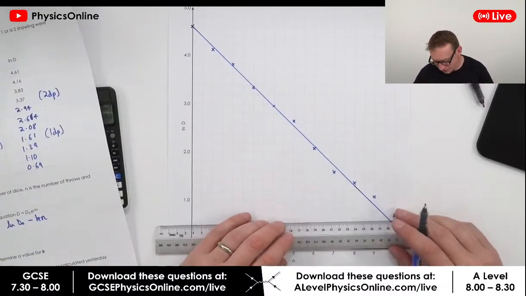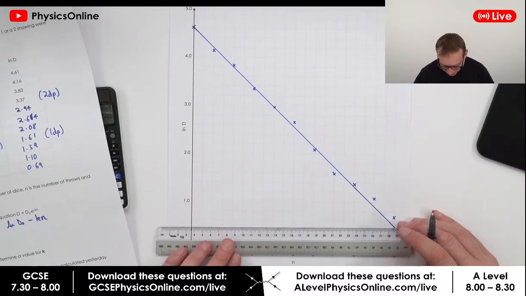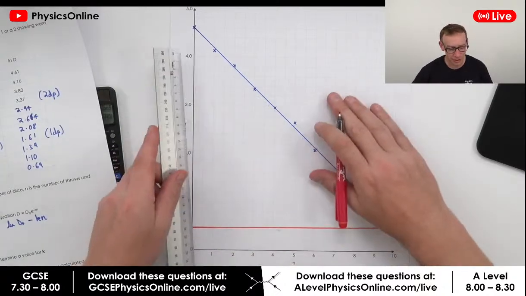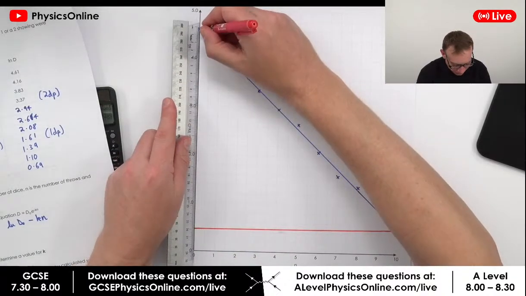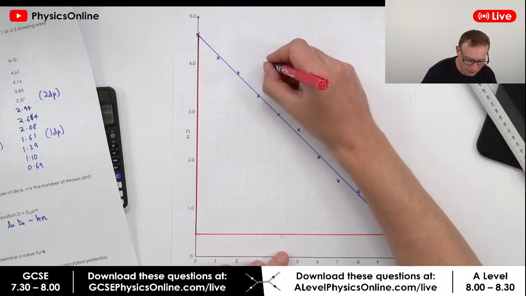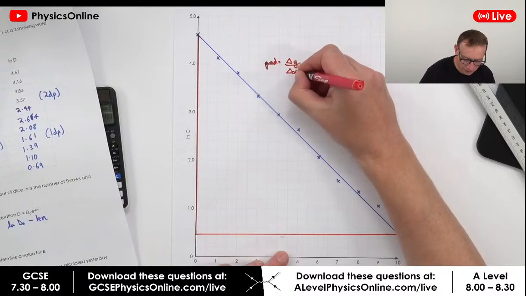Now, I suspect that if I ask you to work out the gradient, most people are going to get it correct, but about 30% will incorrectly work out the gradient. Of course, we need to draw in a big triangle. So the gradient is going to be equal to our change in y over our change in x.